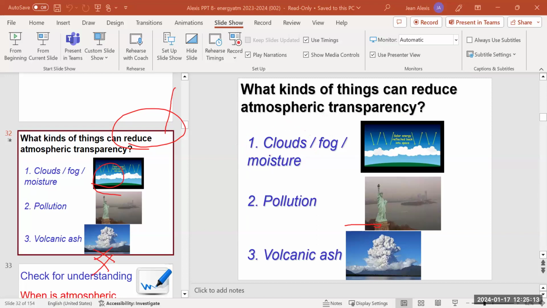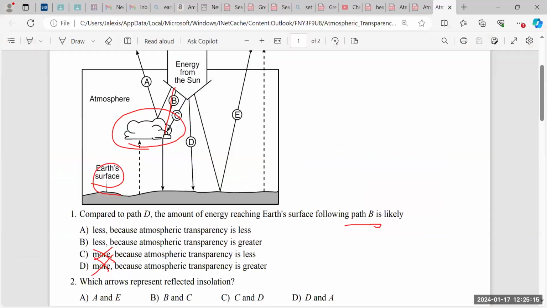So atmospheric transparency, if we forget, describes how easily it allows insolation to reach the Earth's surface. So because there's a cloud in there, clouds will reduce the atmospheric transparency, making the answer choice one. The atmospheric transparency is going to be less.